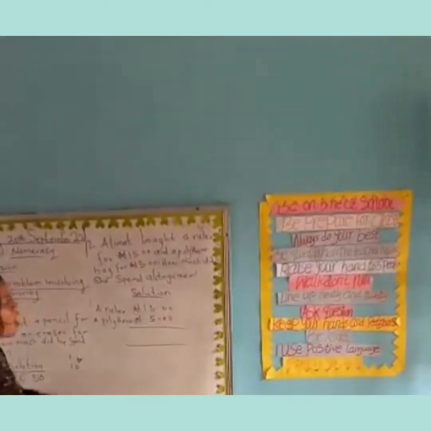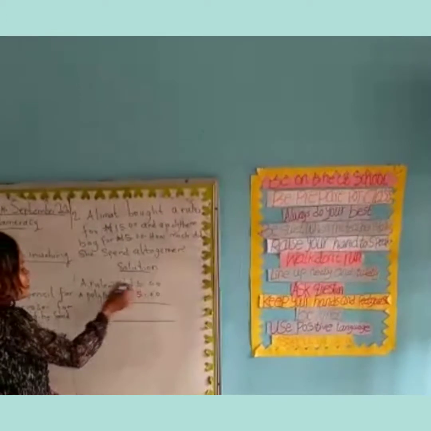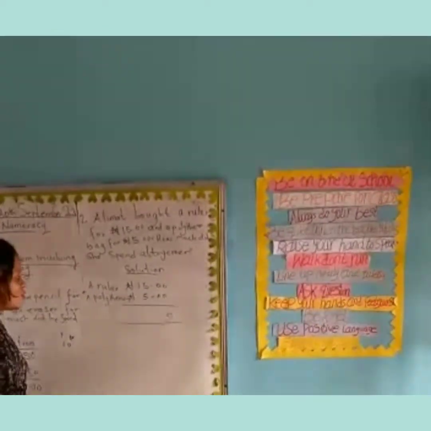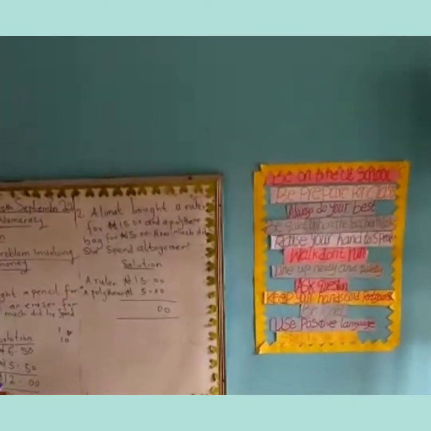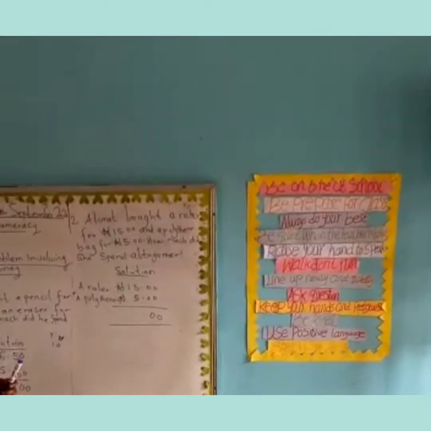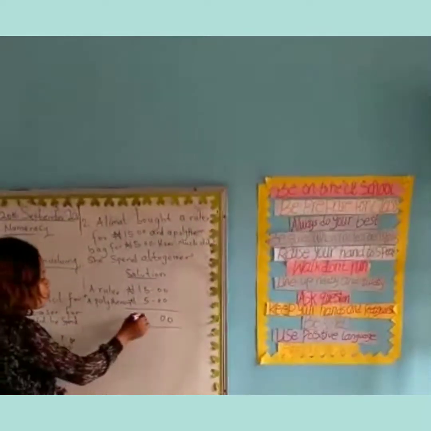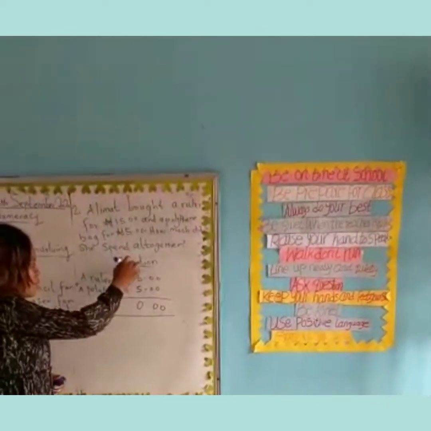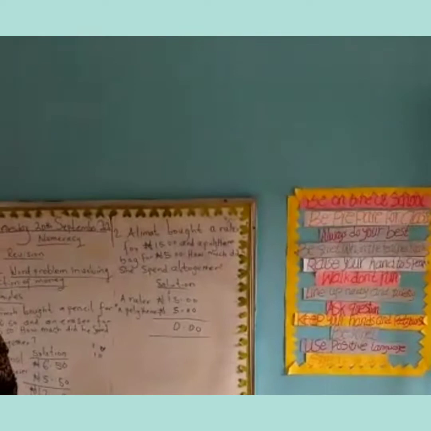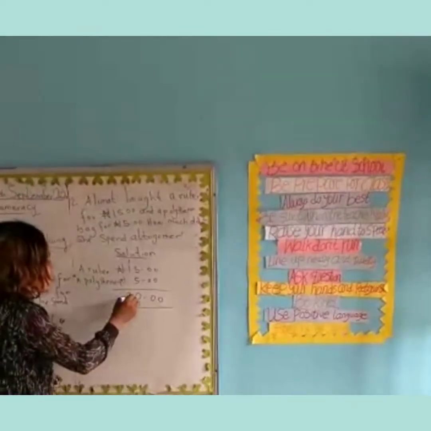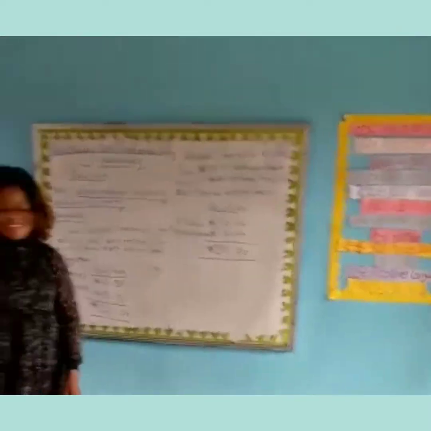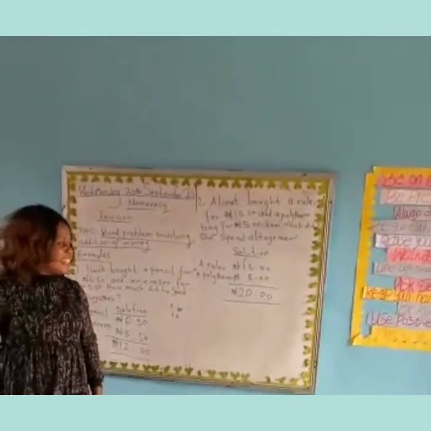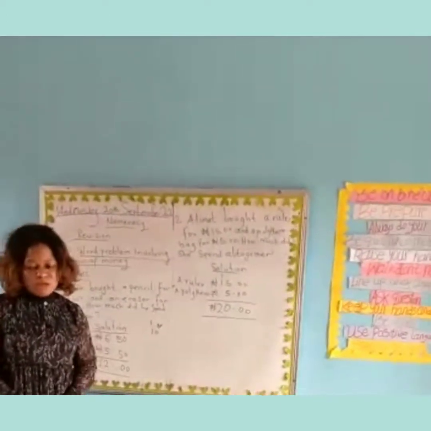How much did she spend altogether? 0 plus 5 is 5. Good. Then 1 plus 0 is 1, so that equals 20. Clap for yourself. So the total money she spent is 20 naira. Clap for yourself. And then we'll stop here and you take down your classwork.